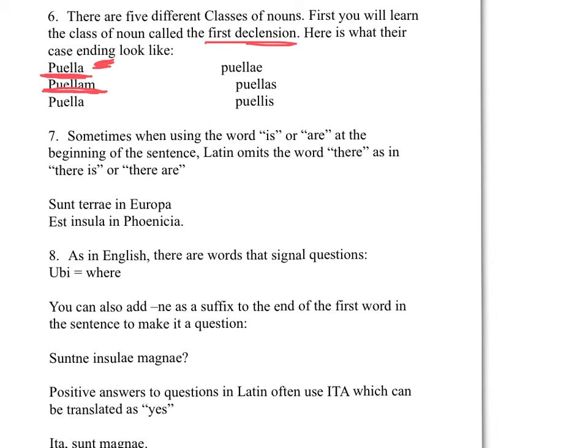And then puellā, which has to have a long mark over the A to distinguish it from the nominative. This is what it would look like in your textbook with a long mark over the A. That's different from the puella, the first example, which does not have the long mark over the A, and their pronunciation is different as well. That's what the long mark represents.